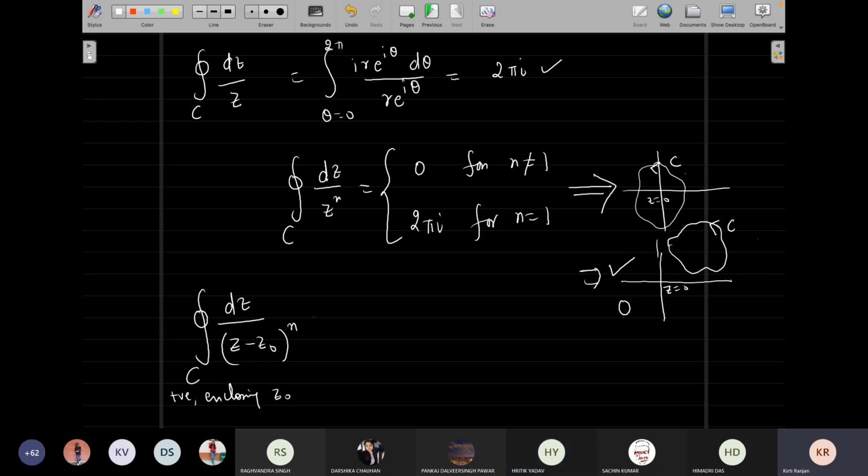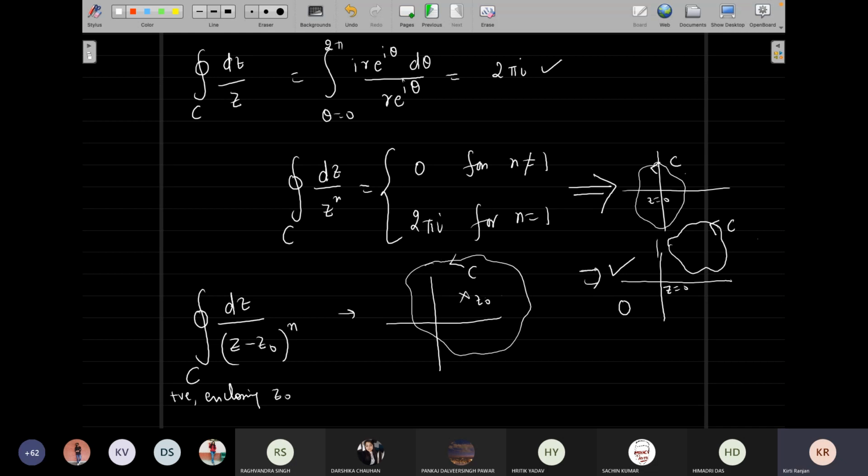So what is happening in this case? I am talking about a function which is not analytic at z naught, let's say here. So this is my z naught, and I am talking about a contour which of course is enclosing this. Think about what you are going to do.